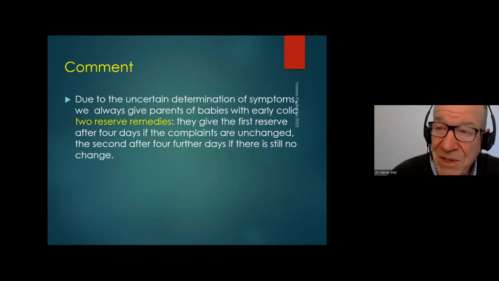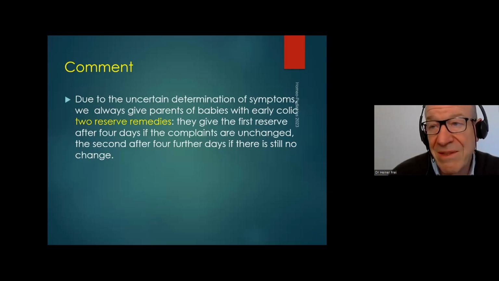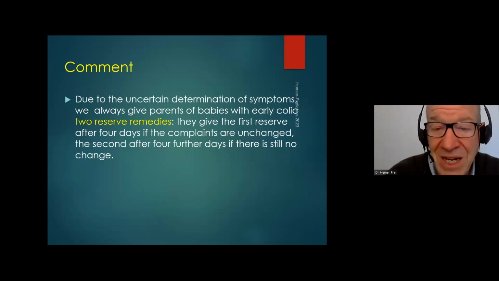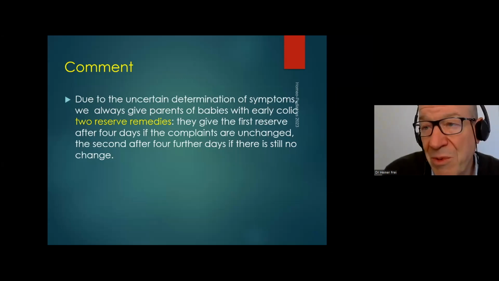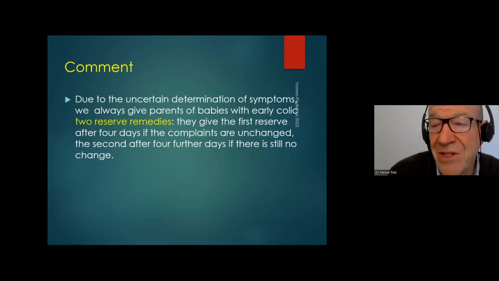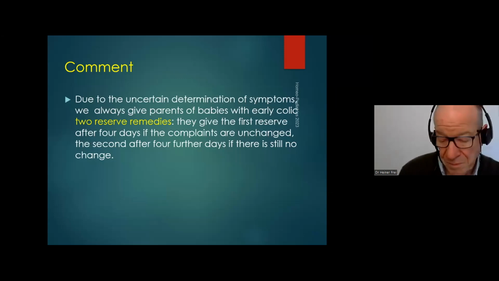And I tell them if the child does not improve within 4 days, you give the second remedy. You would give aurum. And if aurum doesn't give a relief within another 4 days, you give the third, pulsatilla. If that doesn't function, come back to the clinic.